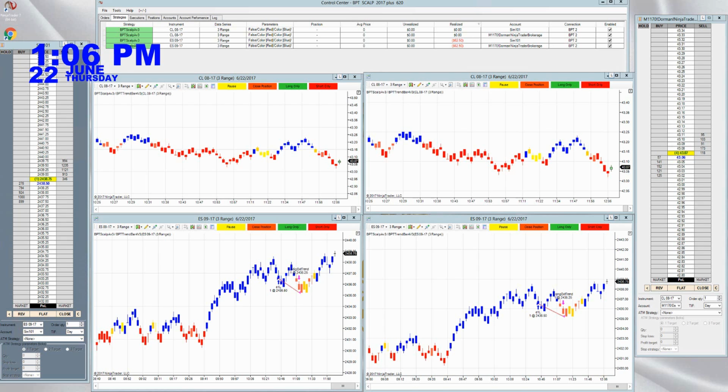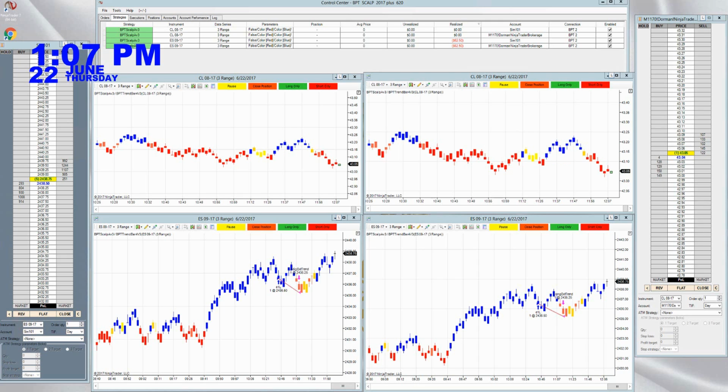Sometimes you get filled, and when there is speed you have elements like slippage, and sometimes you don't get filled. On the SIM account you get filled in 0.1 millisecond, but in a live market, if the market is fast, you're going to bump into slippage.